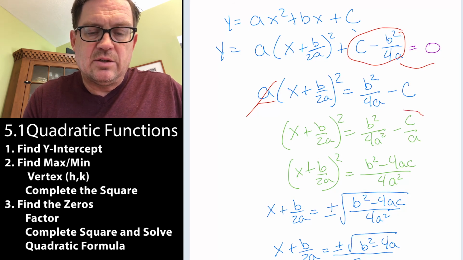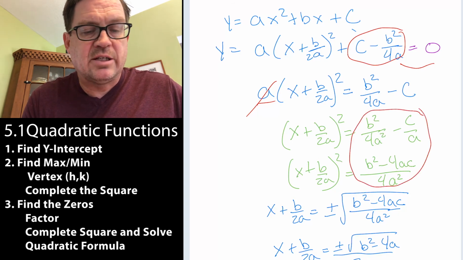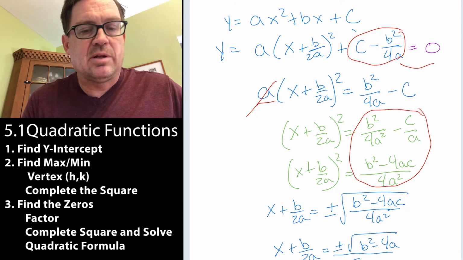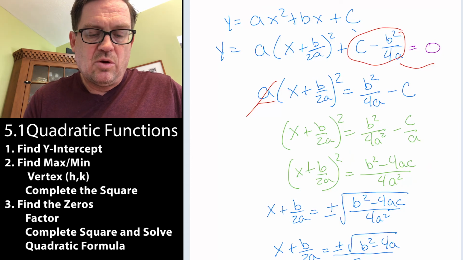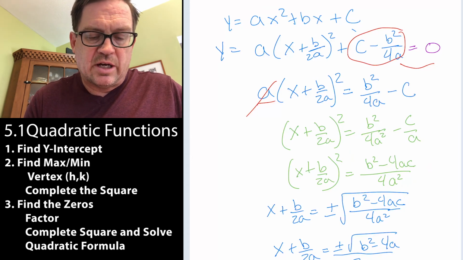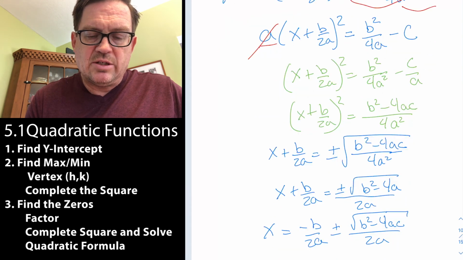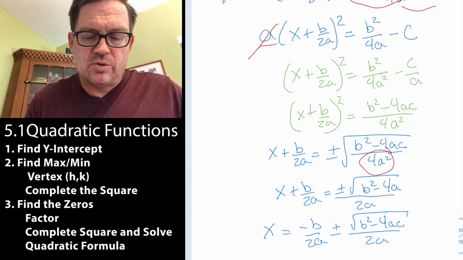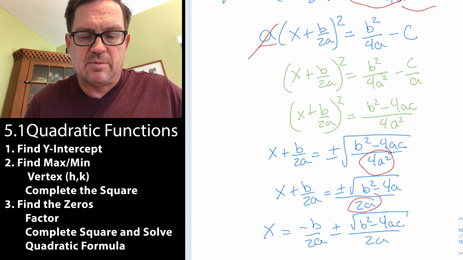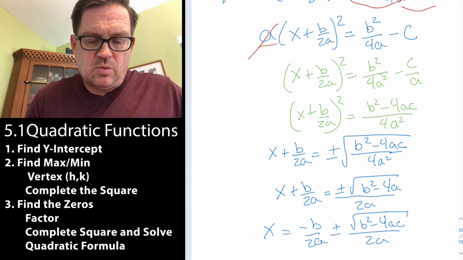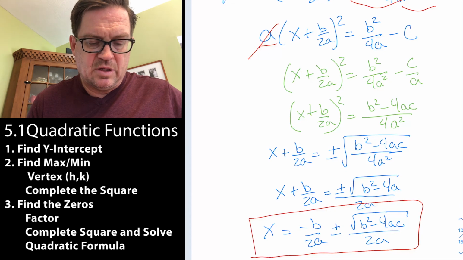This you can combine into a single fraction, and you start to get letters that look familiar from the quadratic formula. Then you take the square root of both sides, and the square root of 4a squared becomes just the 2a in the denominator. And when you subtract the b over 2a from both sides, you get this.